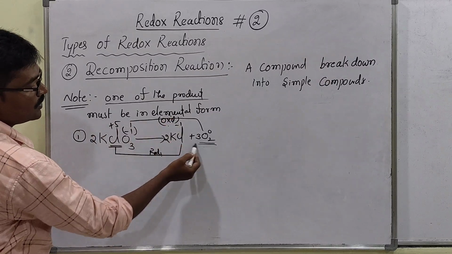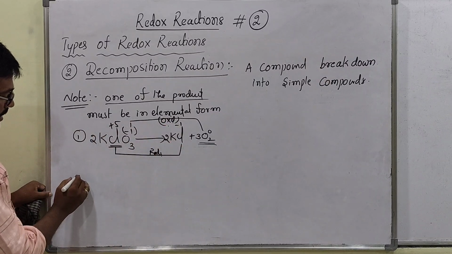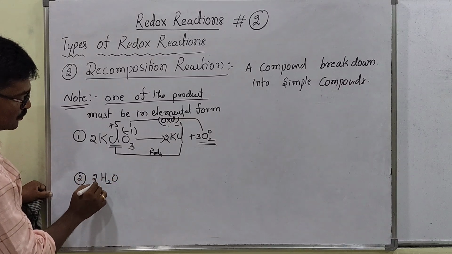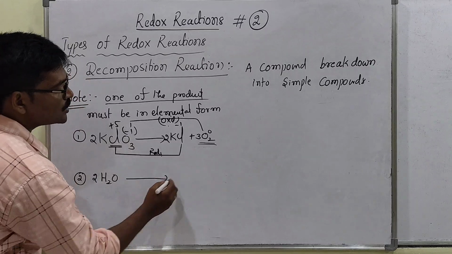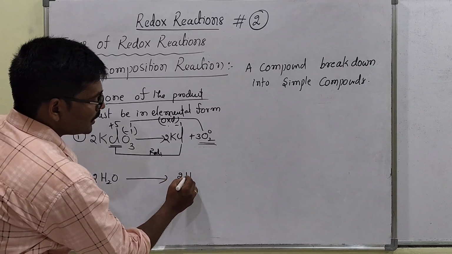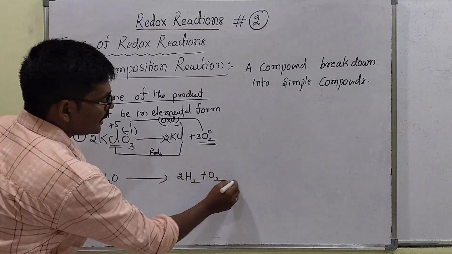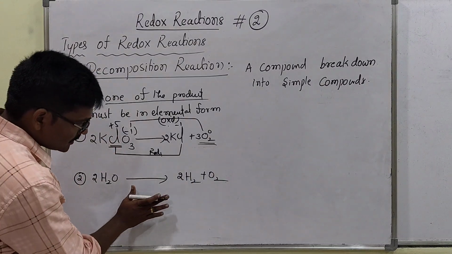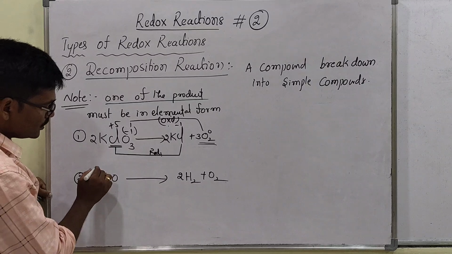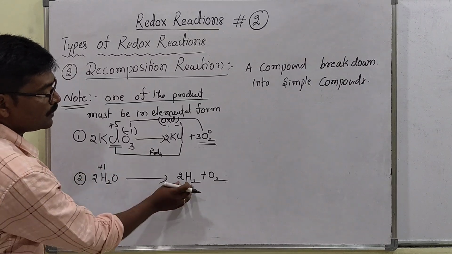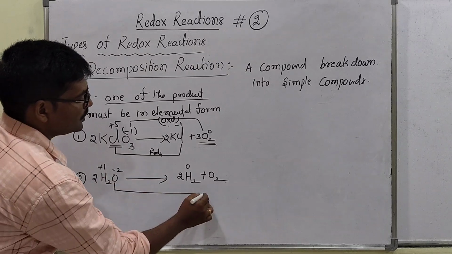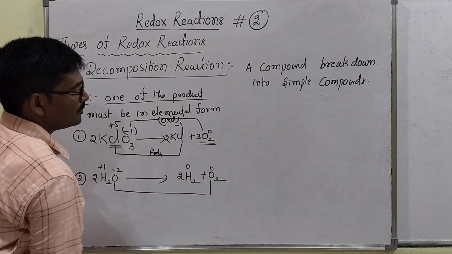One of the products, as I told you, must be present in elemental form. Then one more example: H2O will be decomposed into 2H2 plus O2. Even in this, if you observe, hydrogen is in the plus 1 oxidation state, and there it is 0. Oxygen here is minus 2, and there it is 0, elemental form.